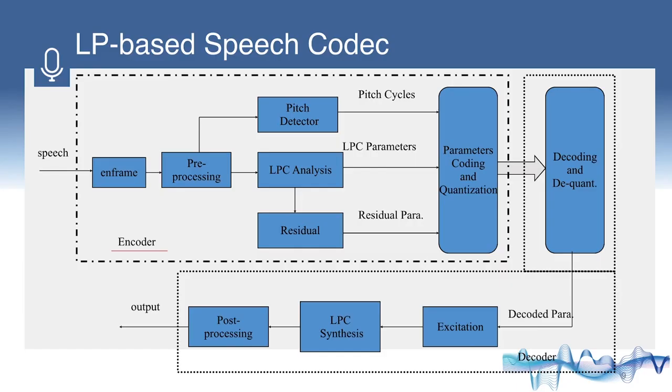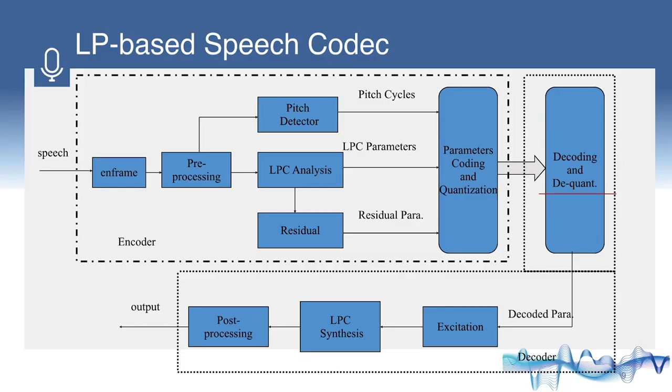One typical scheme of an LP-based speech codec is shown in the figure. At the encoder, the input speech is processed frame by frame and first passes through a pre-processing module. The pitch detector and LPC analysis are carried out to obtain pitch cycles, LPC parameters and residual parameters, all of which are coded and quantized into a bit stream for transmission.